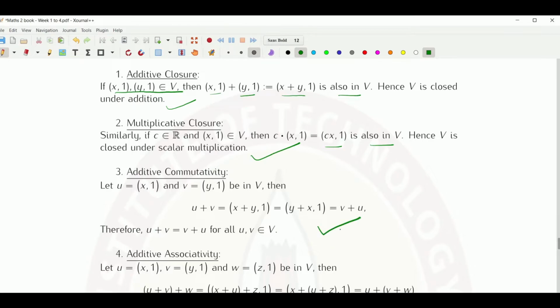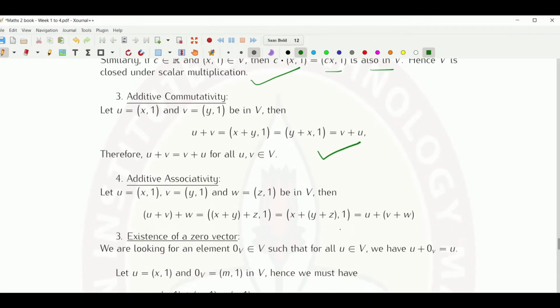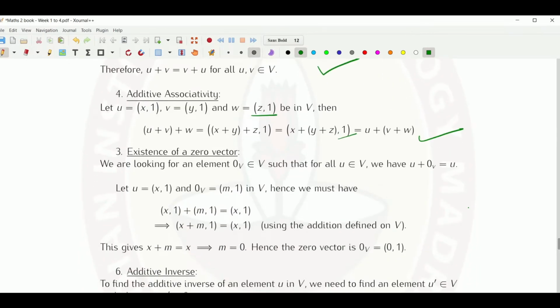Let's check the additive associativity. u is equal to x1, v is equal to y1, and w is equal to z1 in V. Then u plus v plus w will be x plus y plus z comma 1, and in the other grouping, u plus v plus w will be x plus y plus z comma 1. It is also fulfilled. Existence of a zero vector.